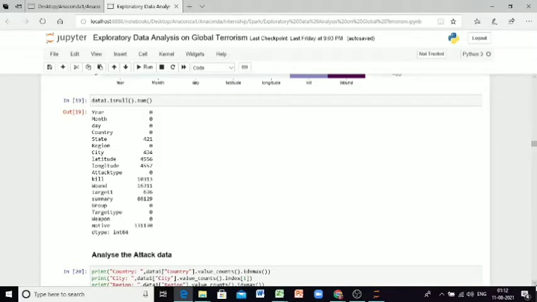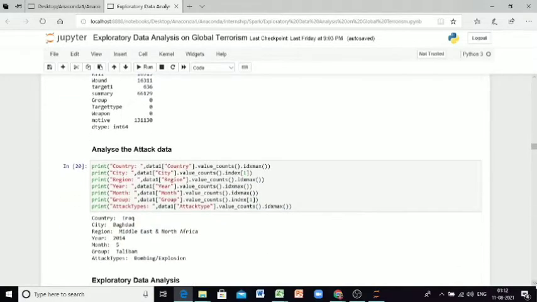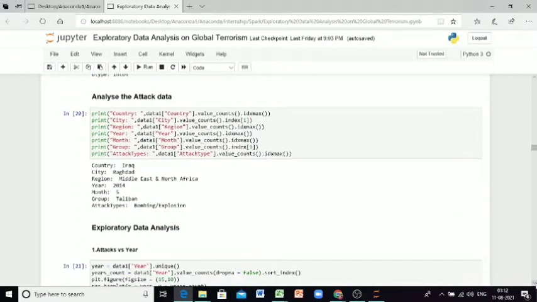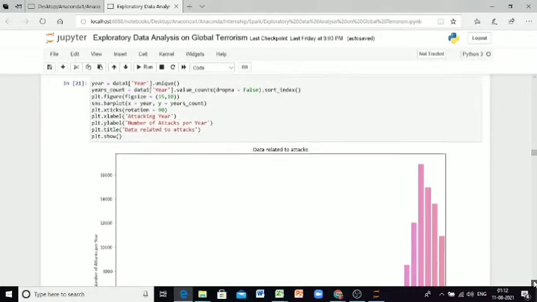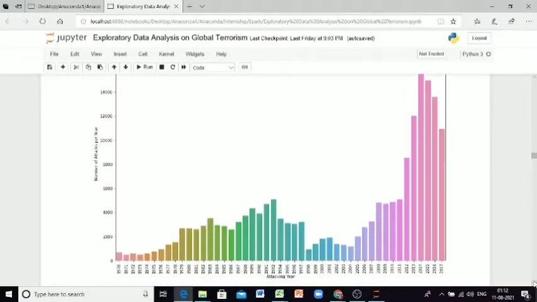And now here we are doing the exploratory data analysis. Here we are checking for the maximum attacks, the country which was affected most, and the city affected most. Those data we are checking here. The year which was affected most is 2014.